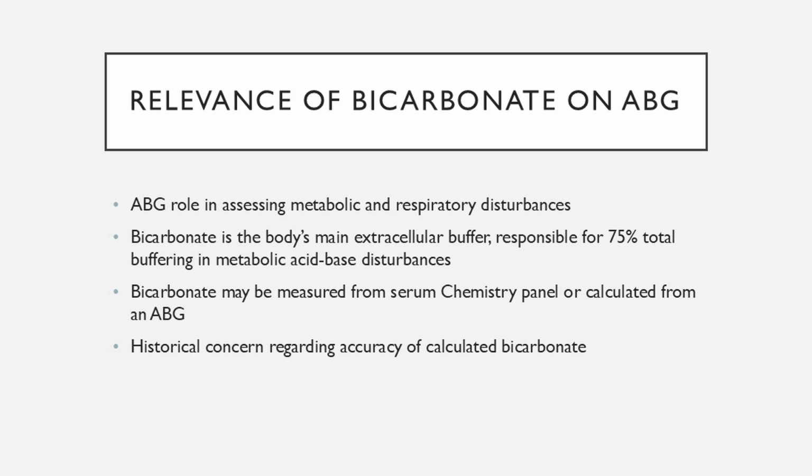So it can be either calculated from an ABG or measured on a chemistry panel. But as Dr. Freed was talking about, there has been a historical concern regarding the accuracy of this calculated bicarb from an ABG. I'll get into that quite a bit.